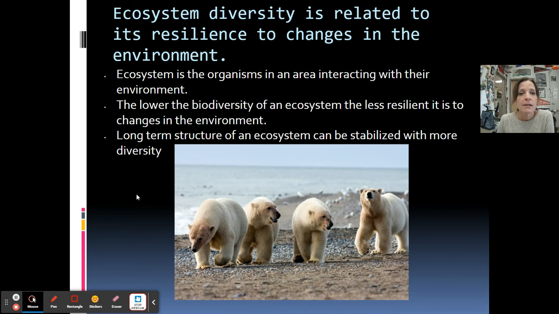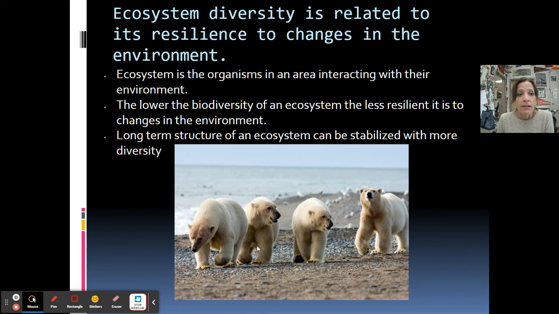Okay, so the diversity of an ecosystem is related to the changes in it. Organisms in an ecosystem that have low biodiversity, so for example, polar bears, right? They live in an ecosystem with pretty low biodiversity, then they're going to have issues if one of those species changes its population size, right? It's going to affect all the other trophic levels.